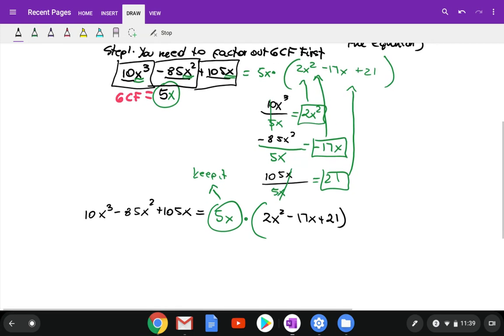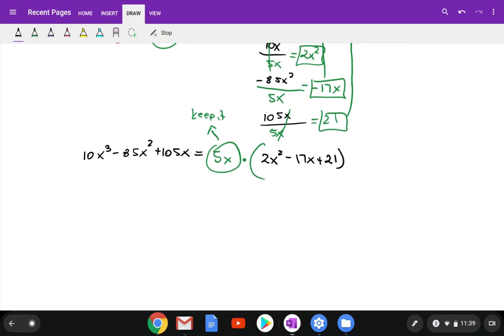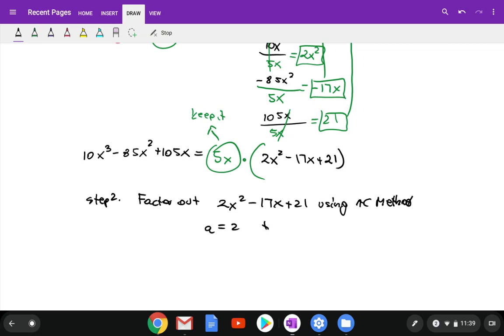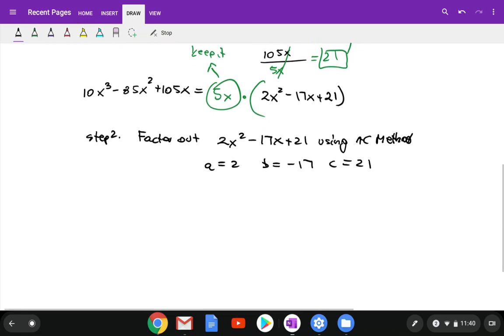So what are we doing next? Next, we need to factor the trinomial which you have in the parentheses using AC method. So step 2, factor 2x squared minus 17x plus 21 using AC method. A is equal to 2, B is equal to negative 17, C is equal to 21.